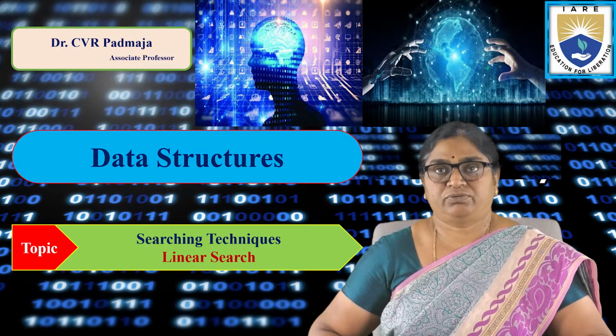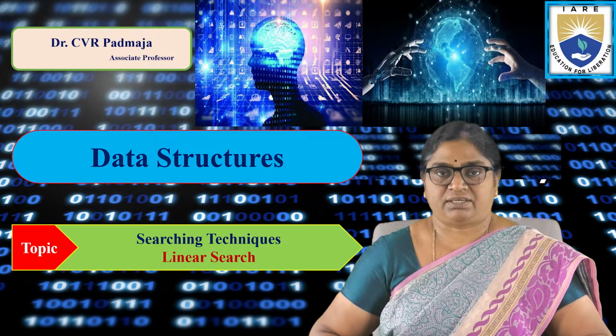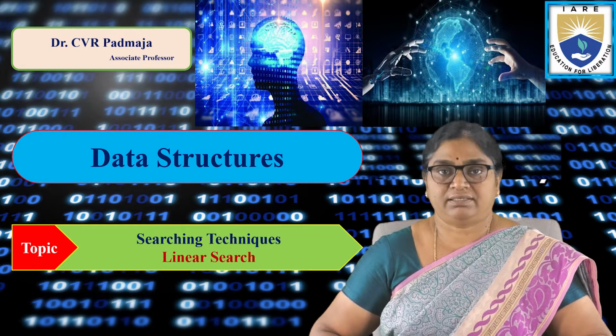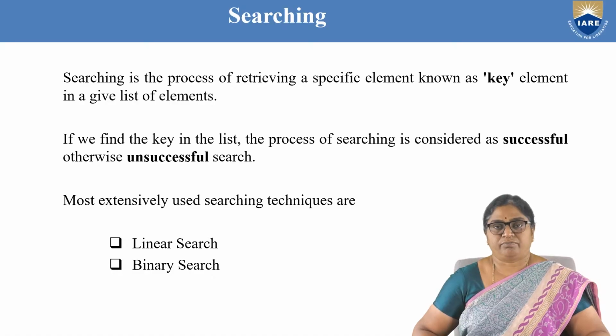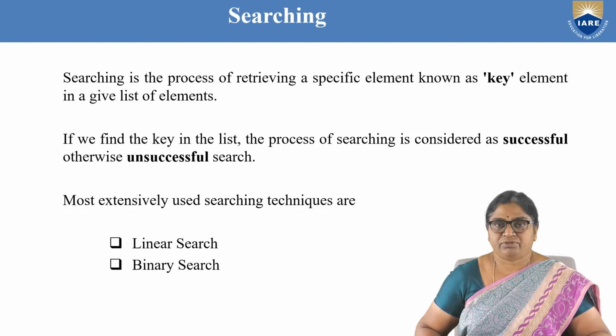Today we are here to learn searching techniques, especially linear search. So before understanding what is linear search, let us try to define what is searching. Searching is the process of retrieving a specific element known as key element in a given list of elements.